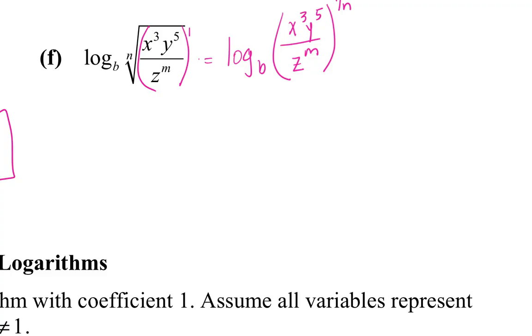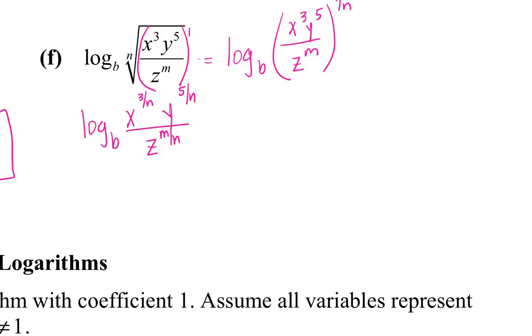I'm going to distribute the 1 over n to all of my pieces. So log base b, x to the 3 over n, y to the 5 over n, z to the m over n. So now I've got that.